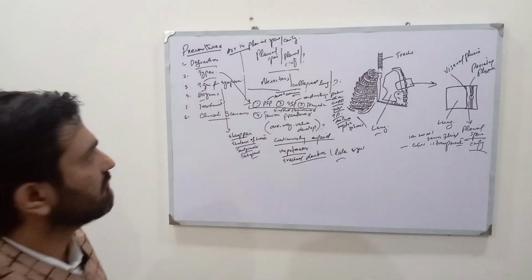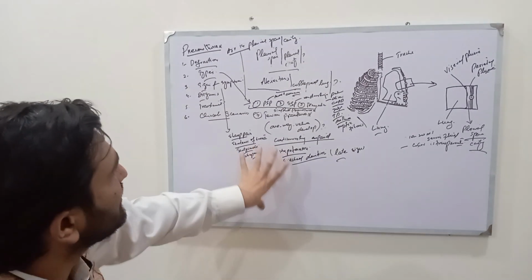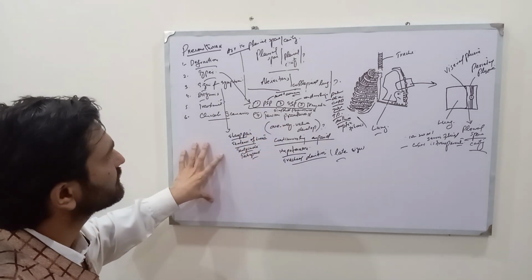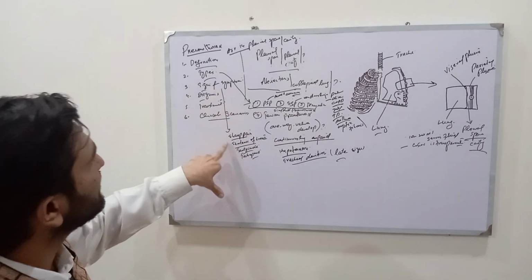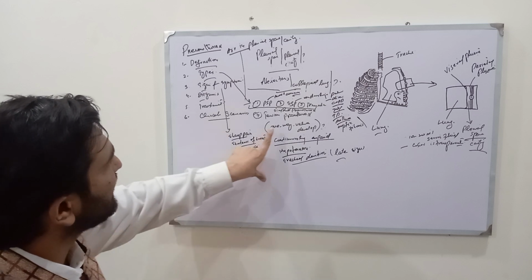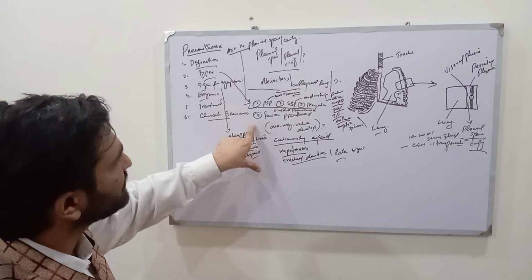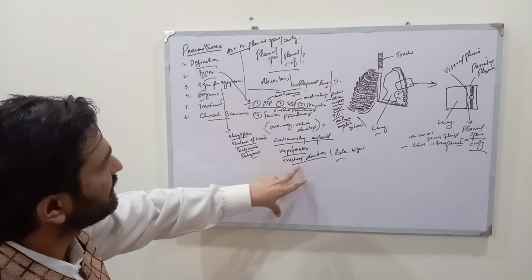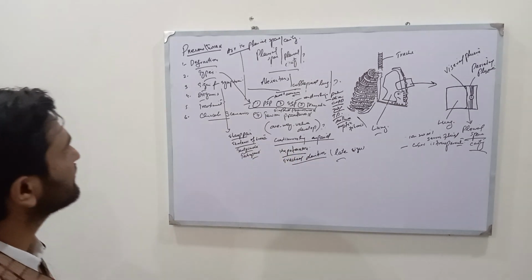But again, remember the differences between simple pneumothorax and tension pneumothorax. All these signs can be present in simple pneumothorax and tension pneumothorax, but in tension pneumothorax, other signs, hypotension and tracheal deviation, are also present.